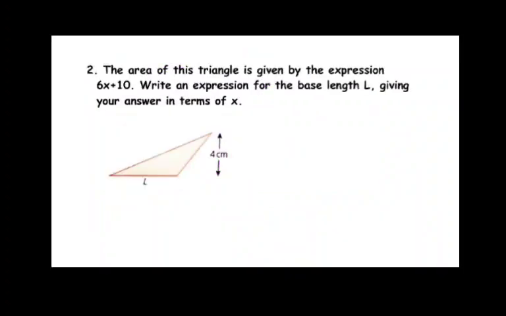Right, now let's figure out this word problem. The area of this triangle is given by the expression 6x plus 10. Write an expression for the base length L giving your answer in terms of x. So the moment we talk about the area, children, you need to realize one thing.